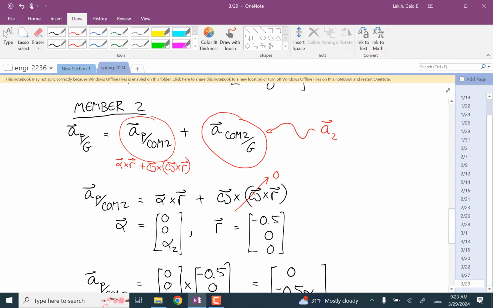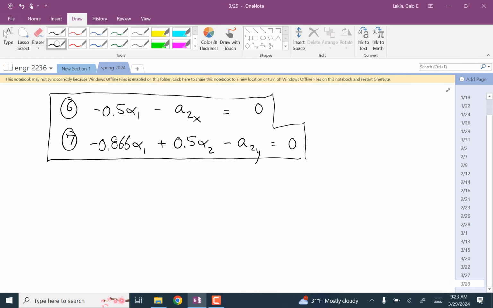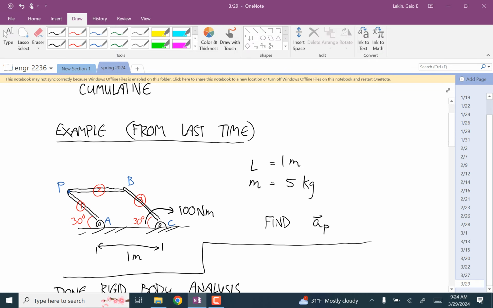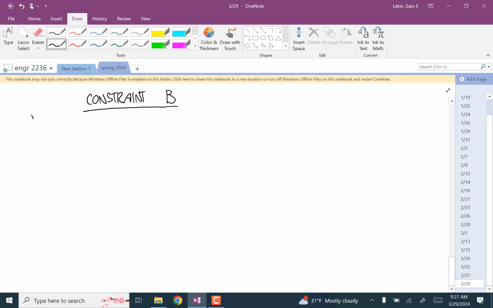Okay, and now moving on to the constraint at B. So take a few minutes and see if you can come up with the constraint requiring that members 2 and 3 agree on the acceleration of B. Okay, so we're going to do this according to member 2.